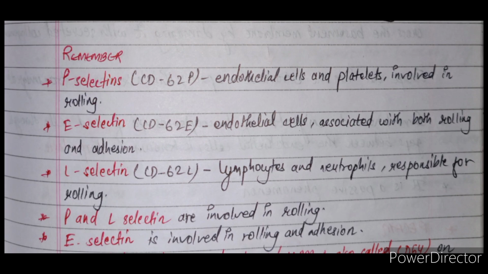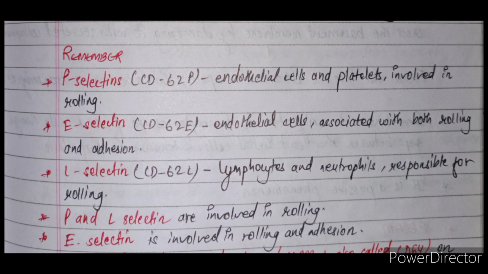Now remember that P-selectin, also known as CD62P, is present on endothelial cells and platelets, and it is involved in rolling. E-selectin, also known as CD62E, is also present on endothelial cells and it is associated with both rolling as well as adhesion.